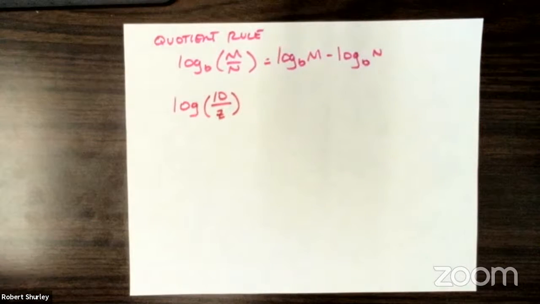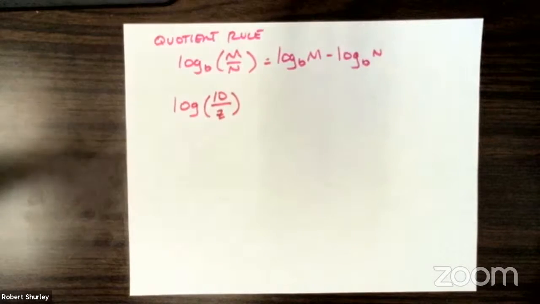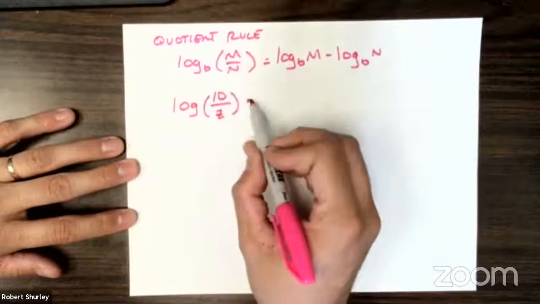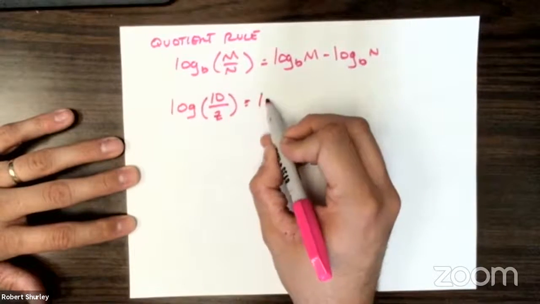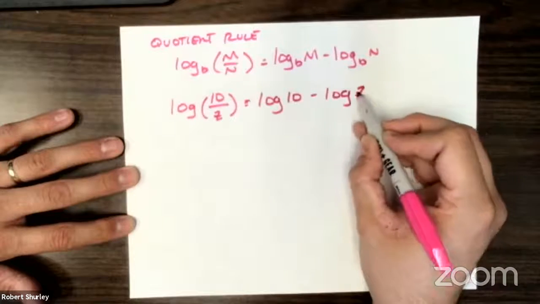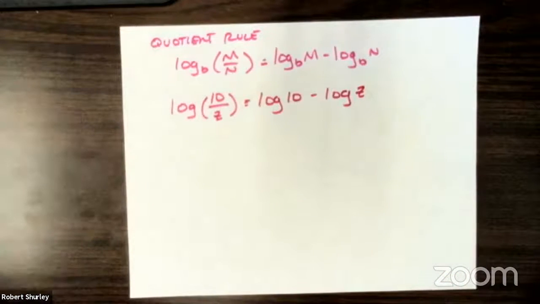Now remember, if log is by itself, that means it's log base 10. We have to remember that for the simplifying part. Now for the quotient part, we've got division on the inside. So that's going to become log of 10 minus log of z.